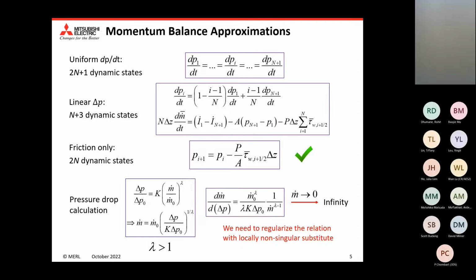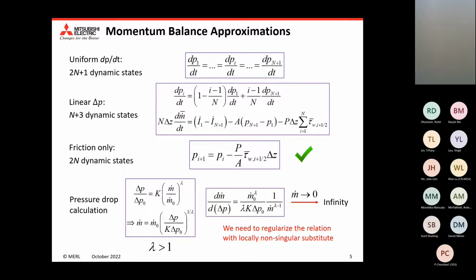So if the mass flow rate goes to 0, this derivative will go to infinity. That causes numerical trouble when you have very low or zero flow conditions. So we said we need to do something about this.